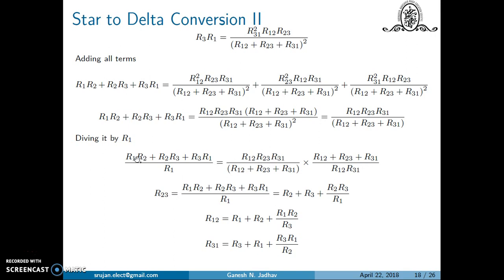So R23 is equal to (R1 R2 plus R2 R3 plus R3 R1) divided by R1. The R1 terms cancel, so it is R2 plus R3 plus R2 R3 divided by R1. Similarly, R12 is equal to R1 plus R2 plus R1 R2 divided by R3, and R31 is equal to R3 plus R1 plus R3 R1 divided by R2.